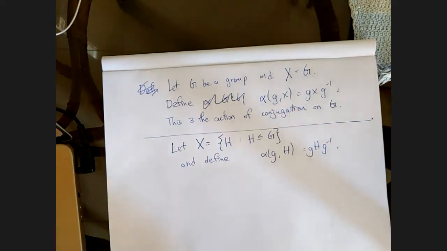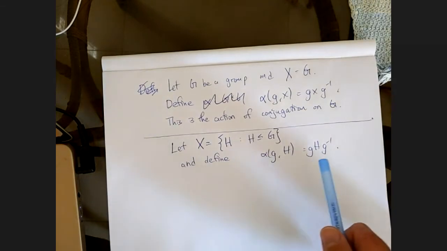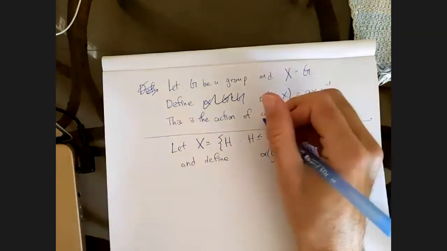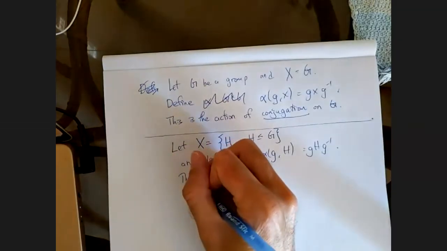So the group G can act on all the subgroups of G by conjugation. This action is also called conjugation.